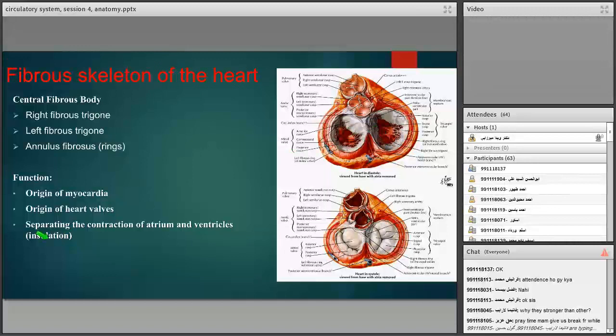So the insulation of this contraction will be done by the fibrous skeleton of the heart. This fibrous skeleton is placed between the atriums and ventricles, and the myocardia of the atrium originates from this part to the upper parts superiorly, and the ventricles will originate from this part inferiorly.